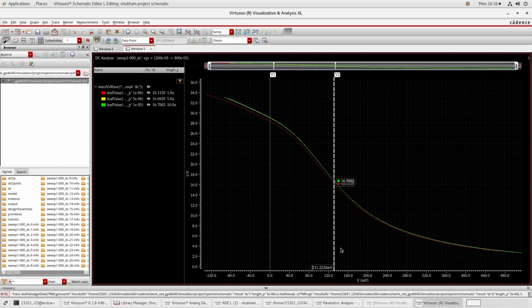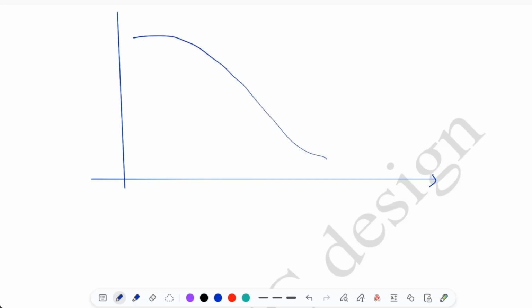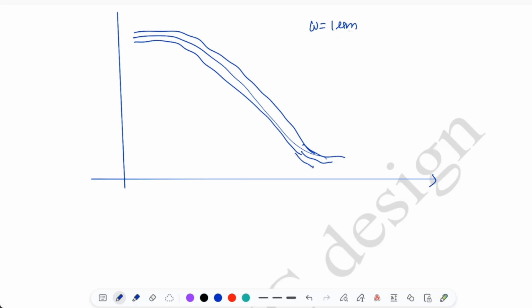Now I plotted the gm/ID plot, and I got this one. I took W equal to 1 micrometer. When you do it on your own, if you increase this to 5 micrometer, this graph doesn't change that much. You can check. I have taken L equal to 10 micrometer, 5 micrometer, and 1 micrometer.